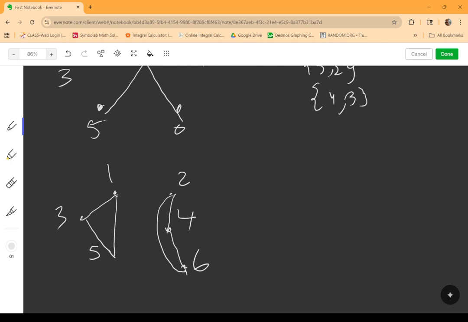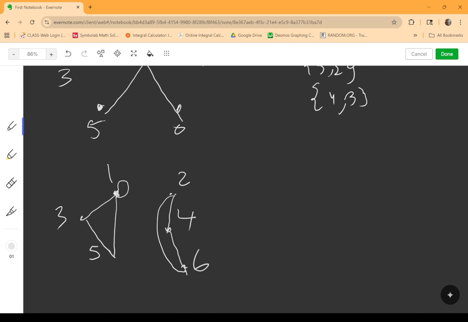Now, this is an example of a simple graph in the sense that the relationships are symmetric. So the edge from 2 to 4 is the same as from 4 to 2. In certain cases, maybe we want to distinguish in what direction it's going, but for simple graphs we just look at symmetric relationships. 2 to 4 is the same as 4 to 2. And we don't necessarily have nodes related to themselves. In other words, there are no loops.